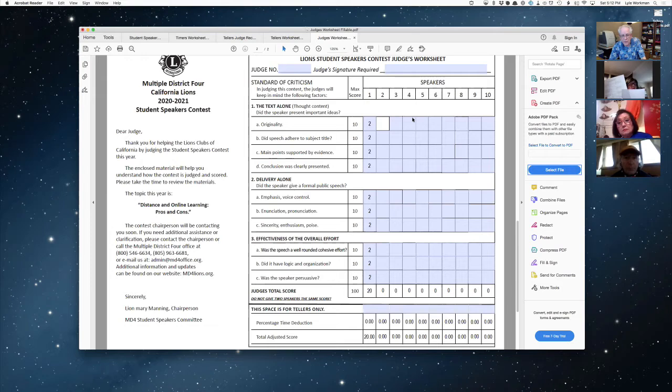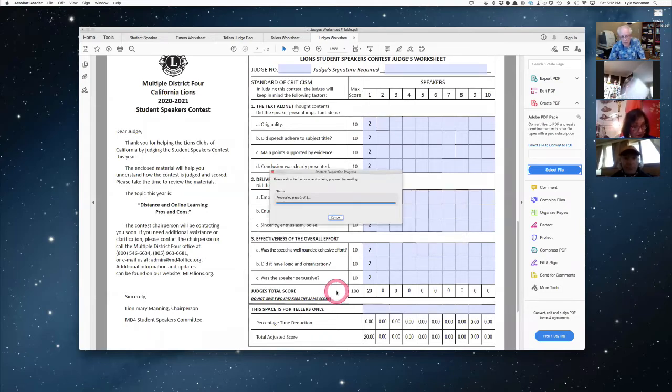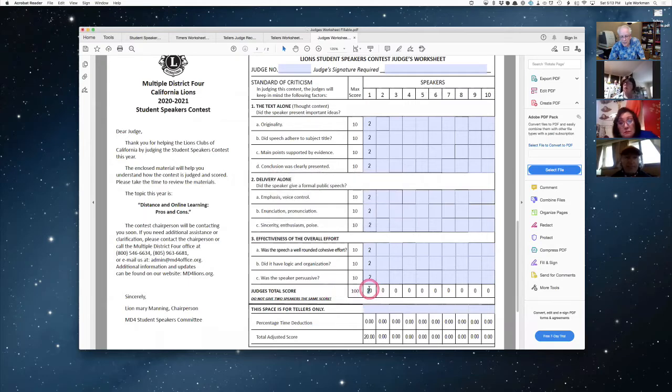You'll see that there are 10 items, so it ended up counting to 2 right here. Everybody see this little spot right here? Yes. Okay. That's where the score adds up.